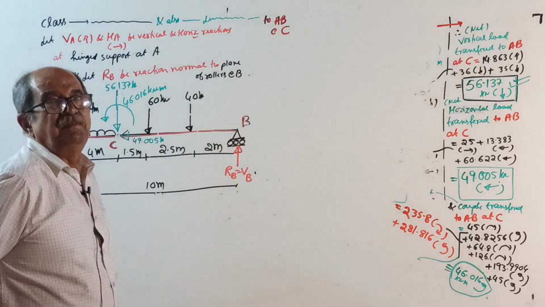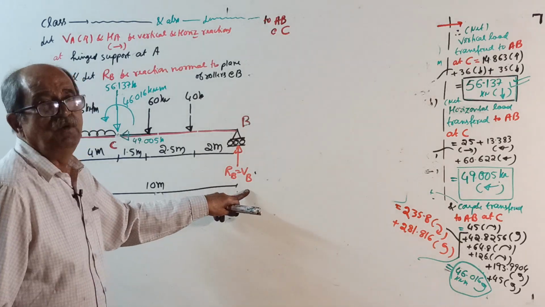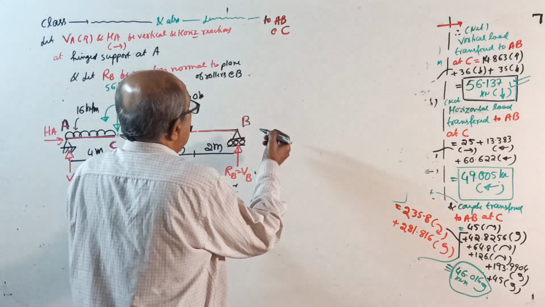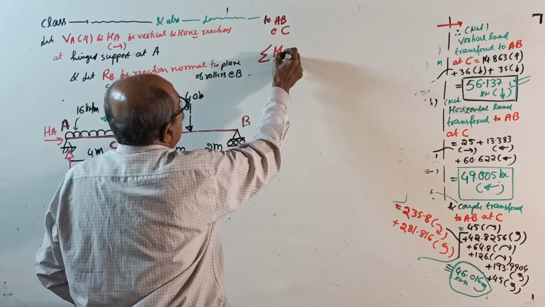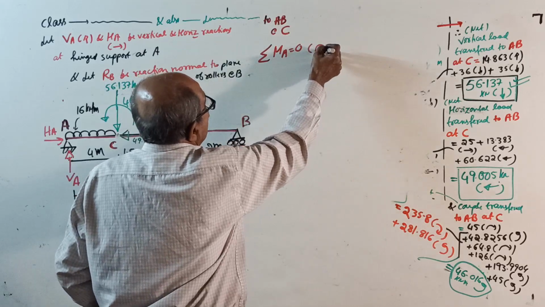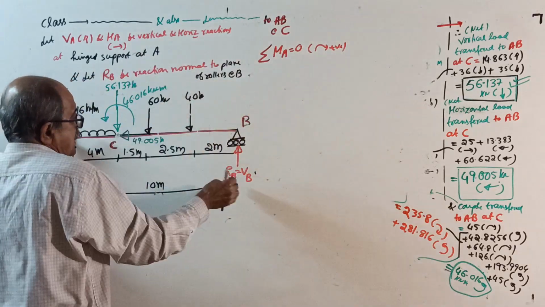Let VA and HA be the vertical and horizontal reactions at A, the immediate support, and RB the reaction, VB. Now usual, sigma M about A equal to 0, clockwise positive.